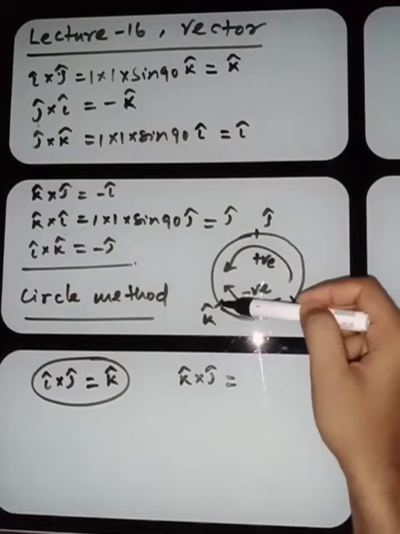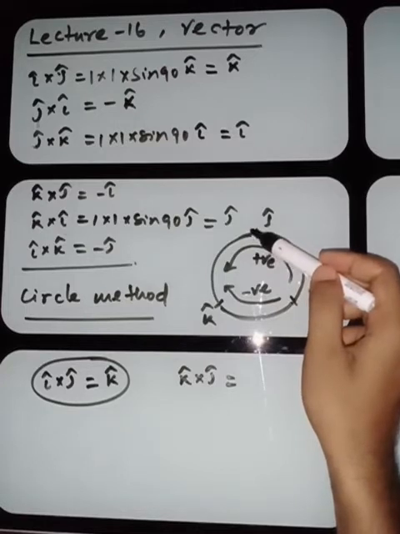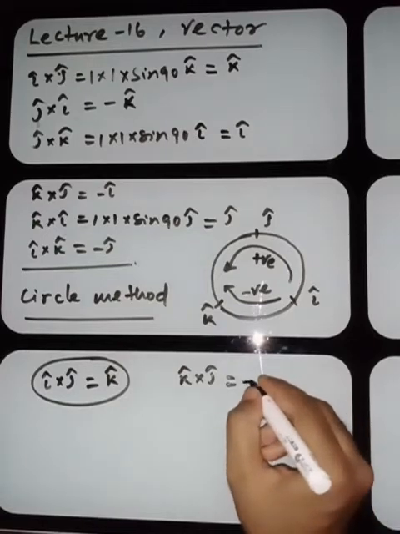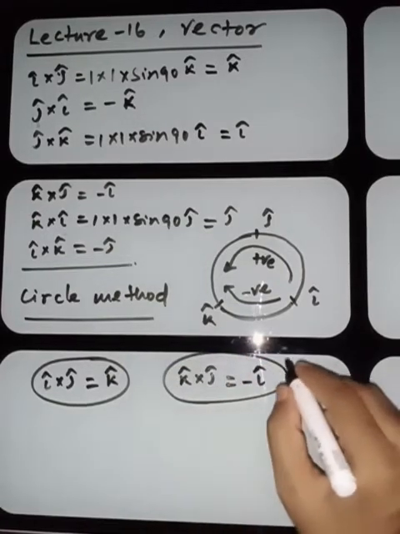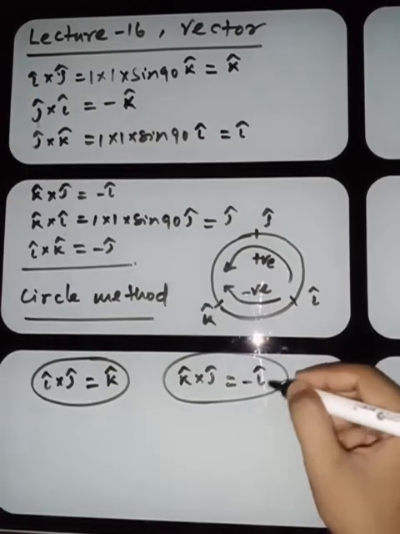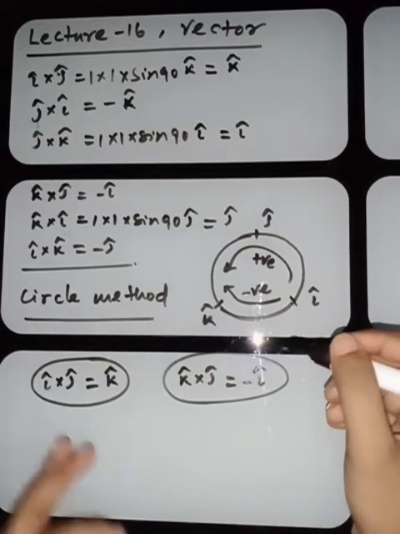K cross j, you have to move in this way. You are moving in the opposite direction, so the result will be negative, and which is the next one? Minus i cap. This is the answer. k cross j is minus i. You can verify from here. Alright.